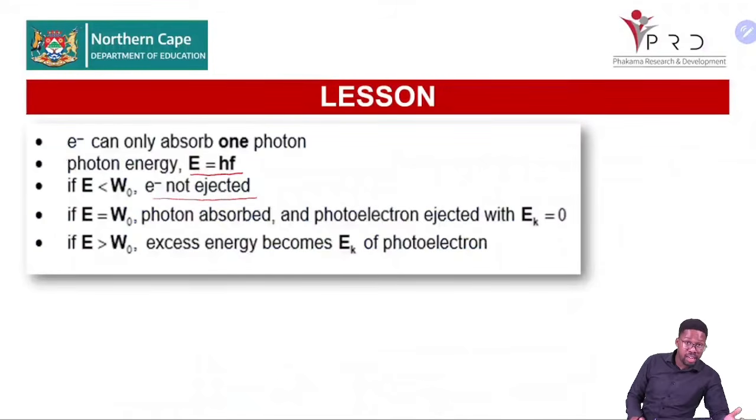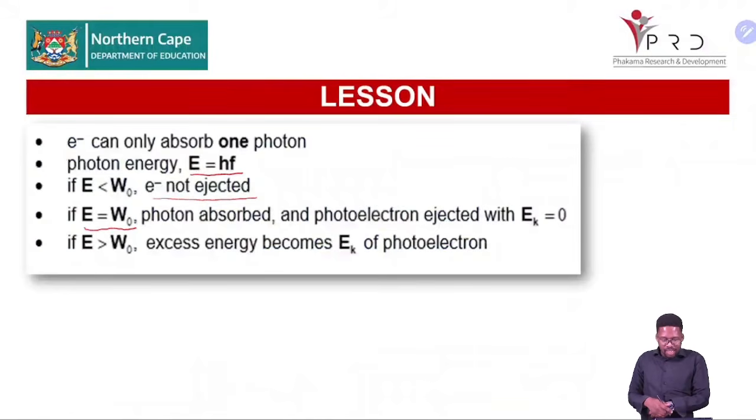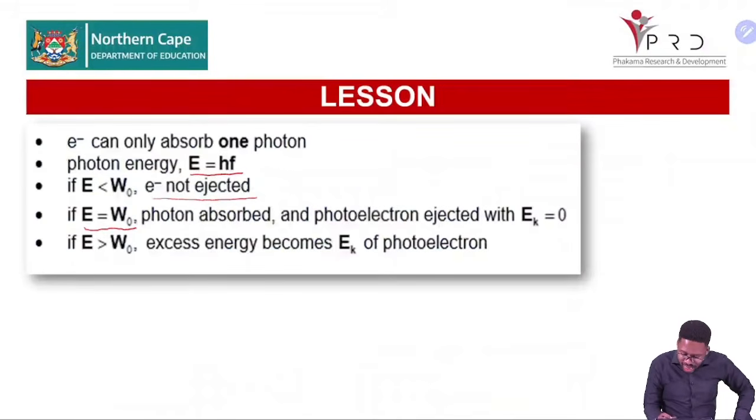That light will not have enough energy to remove the electron. Let's look at scenario number 2. If the energy is equal to the work function, what will happen? The electron will absorb the photon with enough energy and be removed from the metal surface, but it will not move, meaning that the kinetic energy will be 0.